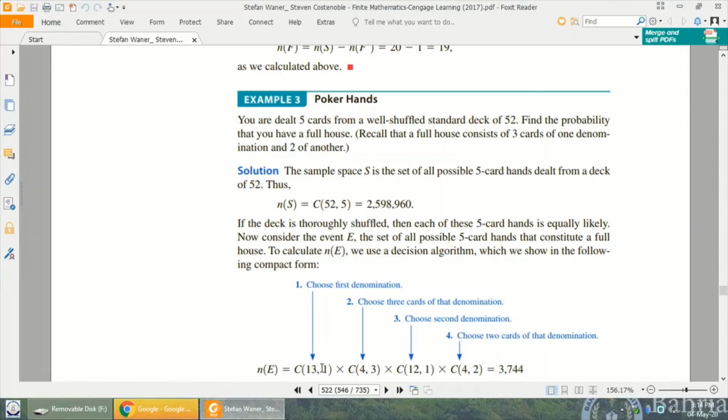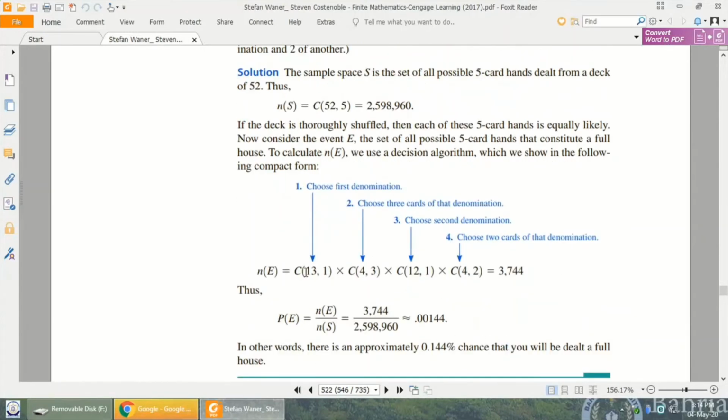So there are 13 denominations, out of which we choose 1, so naturally the denominations would reduce to 12. And out of those 12, there are still 4 options available to us from other denominations in the 52 cards, randomly drawn, and then we can have 2 cards of that particular denomination. So you have to really look at this in the form of denominations and suits. We multiply these possibilities together.